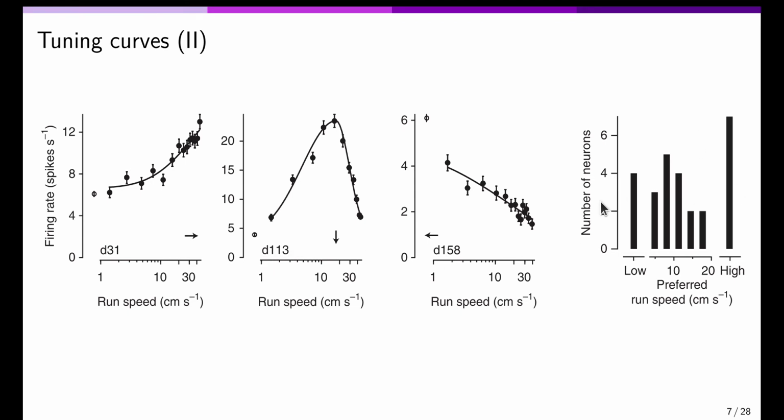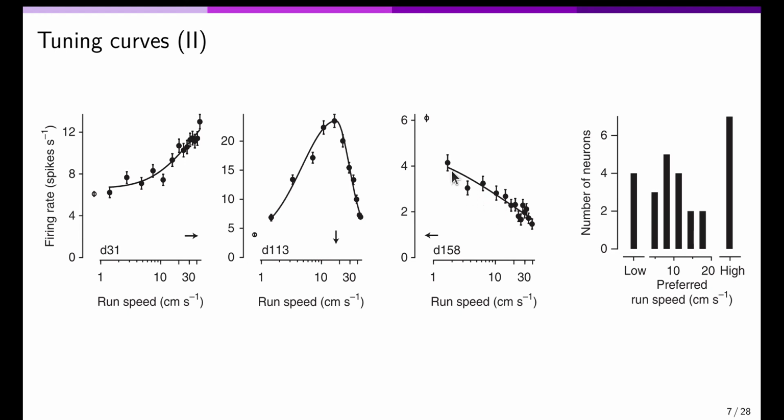In this particular case, we also have some nice data showing the distribution. In this one little brain area, we have 4 neurons that prefer a low running speed.